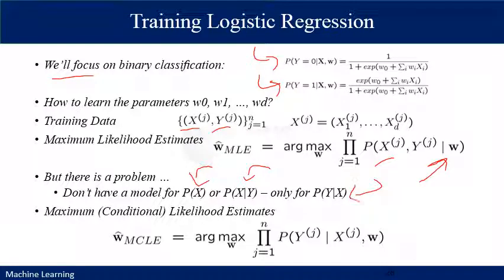Instead, we only calculate the decision boundaries. Therefore, we modify our maximum likelihood estimate and calculate a maximum conditional likelihood estimate, which is again learning of the decision boundary given input examples and weights.